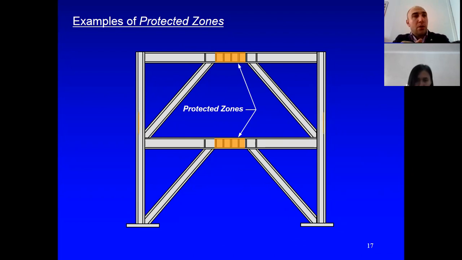All the illustrations shown in these three pictures show how important it is to design the protected zones in the bracing elements. During lateral loads, these zones will accept most of the seismic loads.